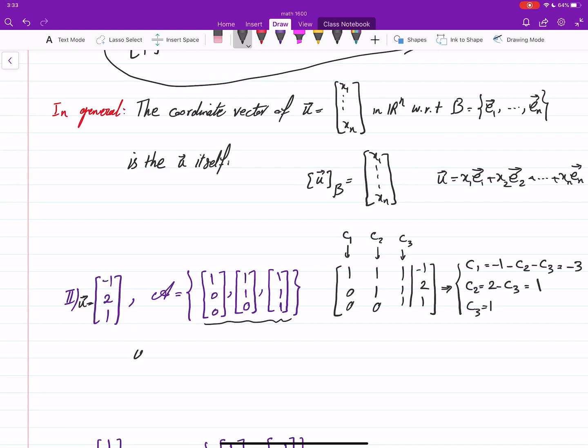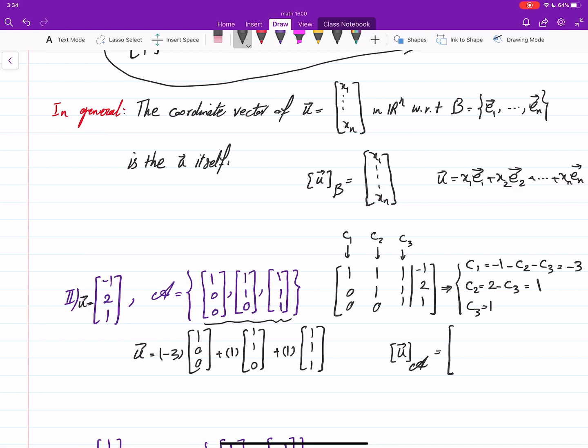This means that u in this new basis is negative 3 times 1 0 0 plus 1 times 1 1 0 plus 1 times 1 1 1. The coordinate vector of u in the basis A is not going to be negative 1 2 1 again. This is going to be negative 3 1 1.